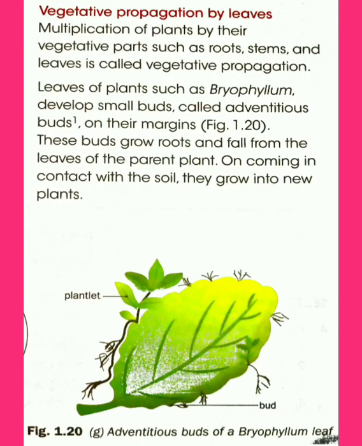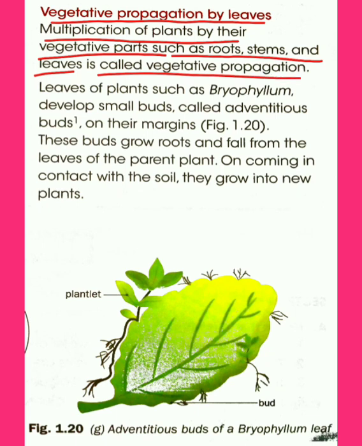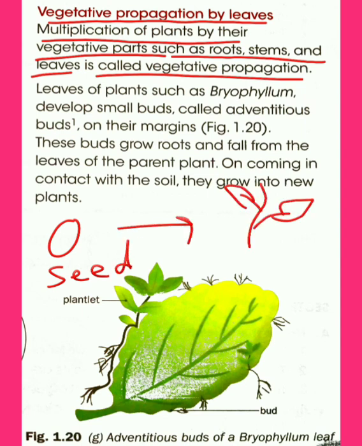Next, the last topic is vegetative propagation by leaves. So what is vegetative propagation? Multiplication of plants by their vegetative parts such as roots, stem and leaves is called vegetative propagation. We mainly know that plants reproduce from seeds.